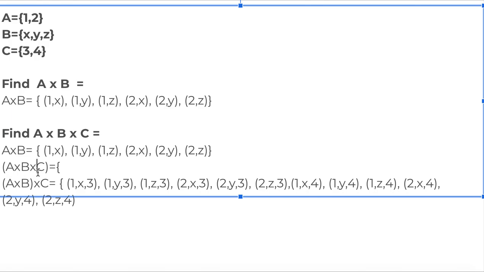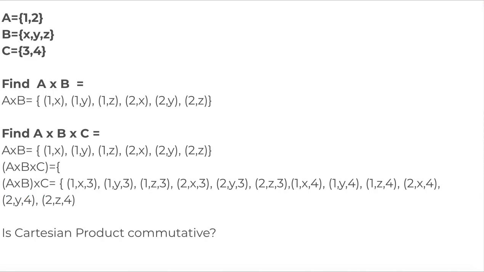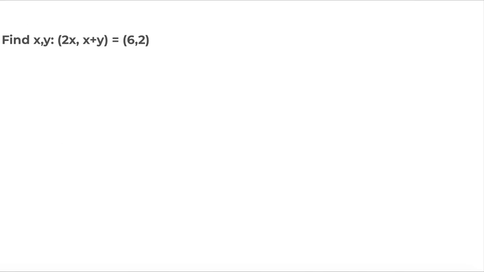A cross B cross C is just (A cross B) cross C. We already know this answer, and then we just need to cross that with the elements of C, that is 3, 4, and that's how you'll end up with the answer right here. Make sure you put in the curly braces when you write sets. A question would be, is our Cartesian product commutative? Think over this and discuss with me in case.